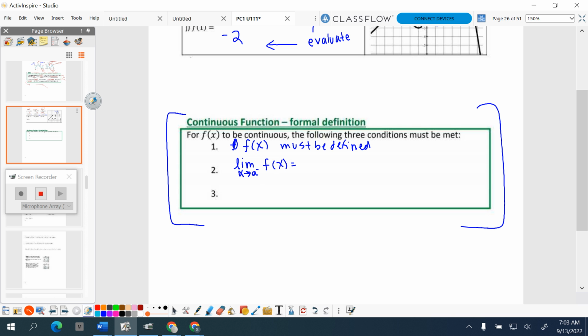Okay, so this just says the limit as x approaches a from the left of f of x, if it equals the limit as x approaches a from the right of f of x, so if this is defined, basically the limit exists.